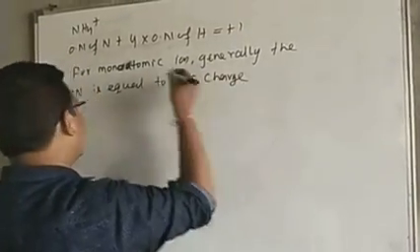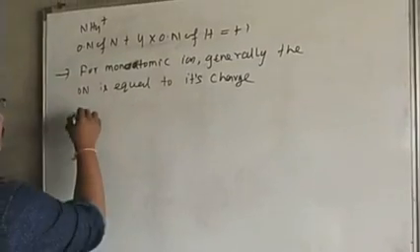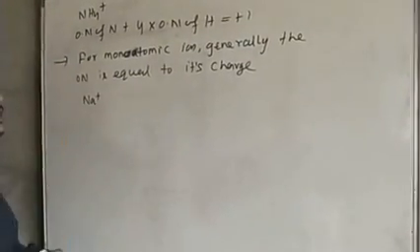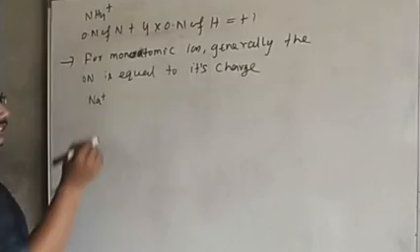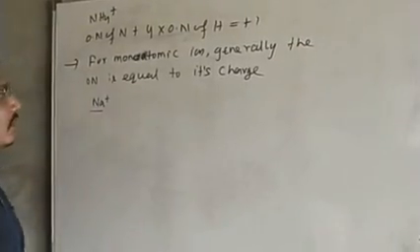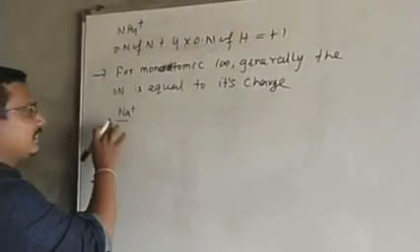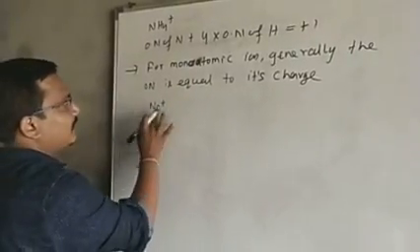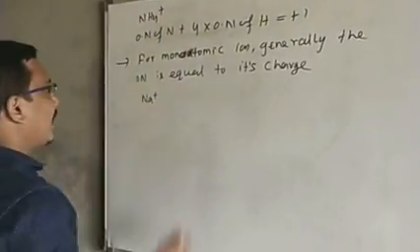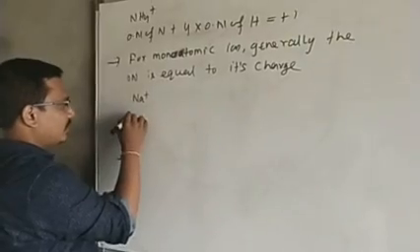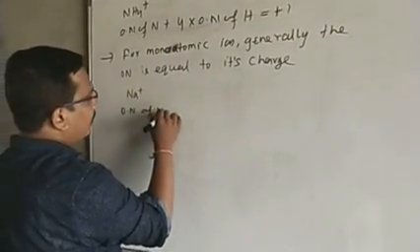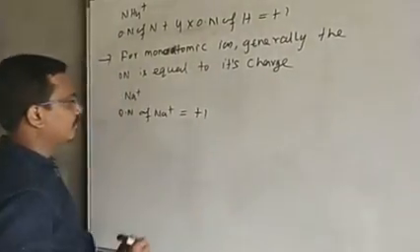What is the meaning of this rule? Suppose take Na plus. It is a monoatomic ion because there is one atom, that is sodium. The oxidation number of Na plus is +1.